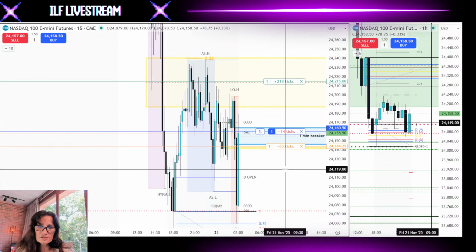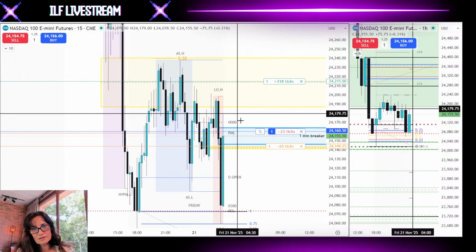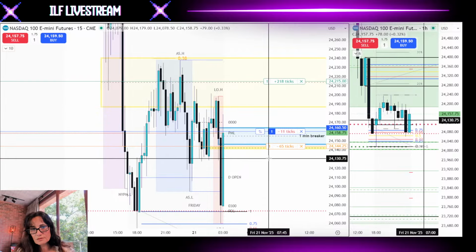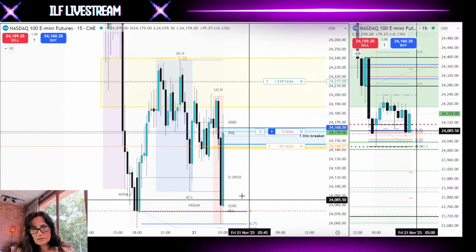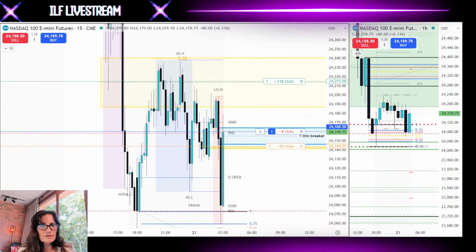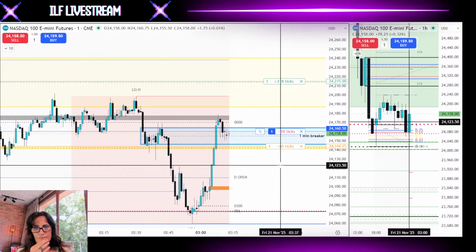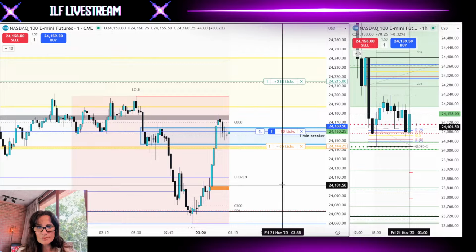So the question is, does it really want to go? But it's been creating all liquidity right here. But I could be stopped out. And that disrespects that 1 minute breaker, and it could make a new one, right? In another hour. So I'm taking the risk. It's okay. It's a paper trade.